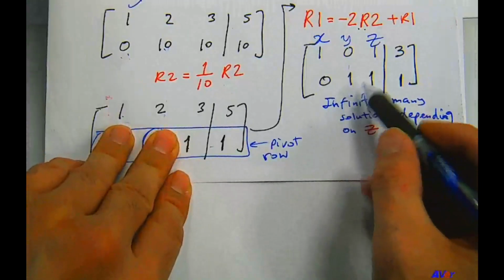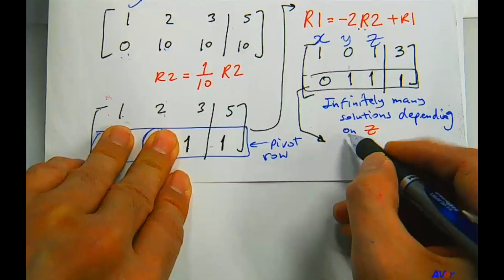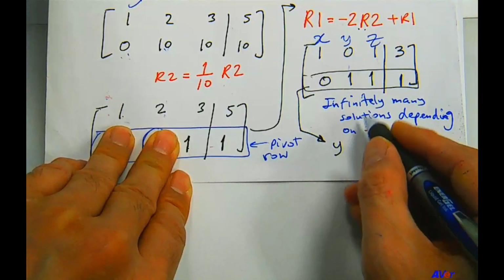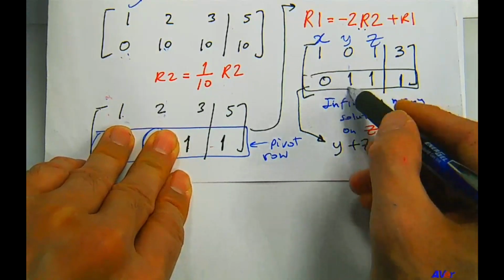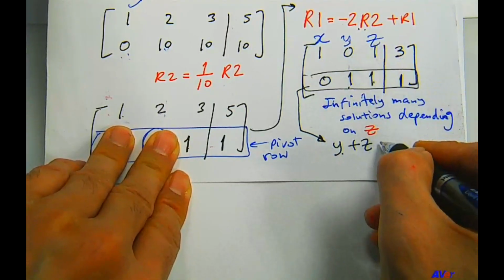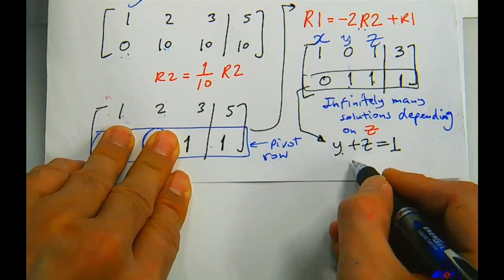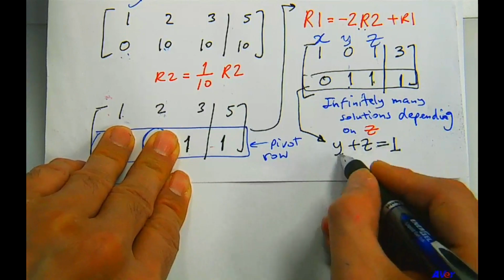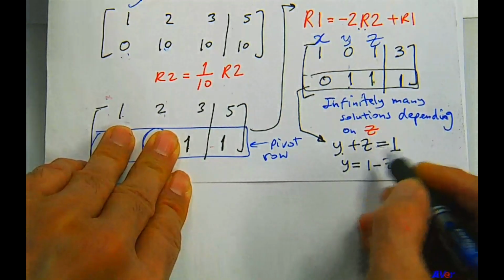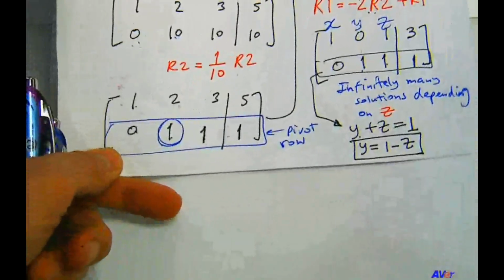From the bottom equation, or bottom row, we can write y plus z, because 1 times y is y and 1 times z is z, equals 1. Then solve this equation for y. You have y equals 1 minus z, so that's the solution for variable y.